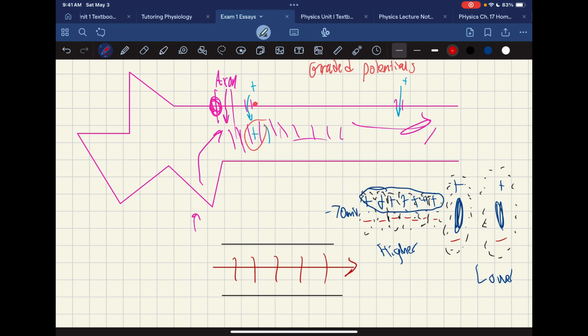So that's really interesting. And we have these channels coming in, allowing more positive charge to come in and strengthen it as the signals decay.